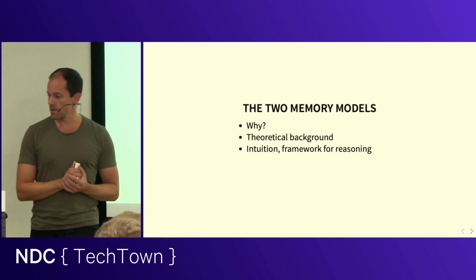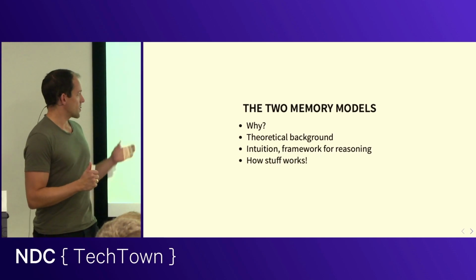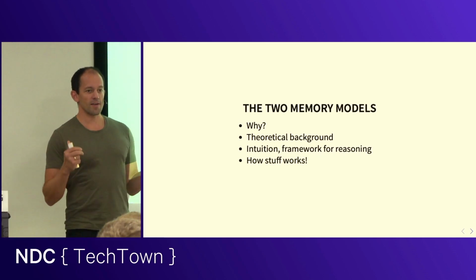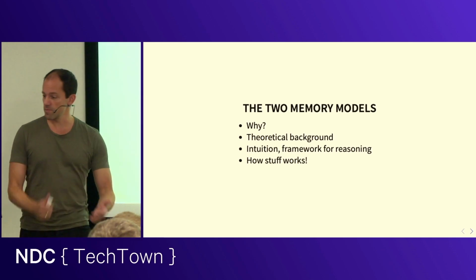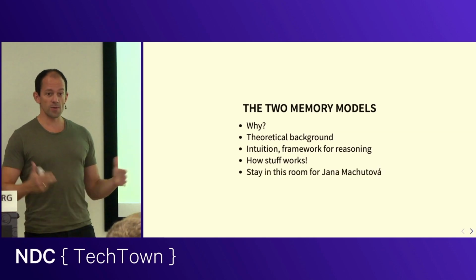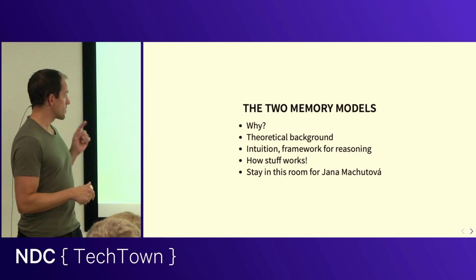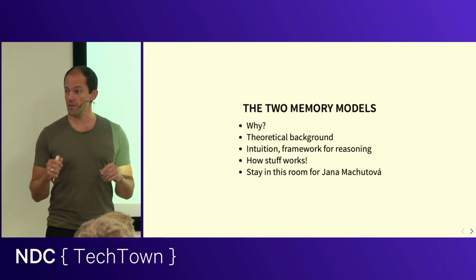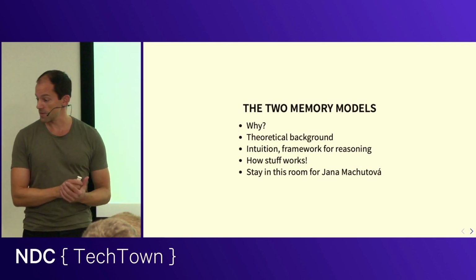And as with most of my talks, it's just that I wonder how this works. I really like figuring out how stuff works, and this is me doing that for memory models. If you actually want some practical advice that you can go back and use, then stay in this room, because Jana Mashutova is going to talk right after me, and she will give you practical advice you can actually use.